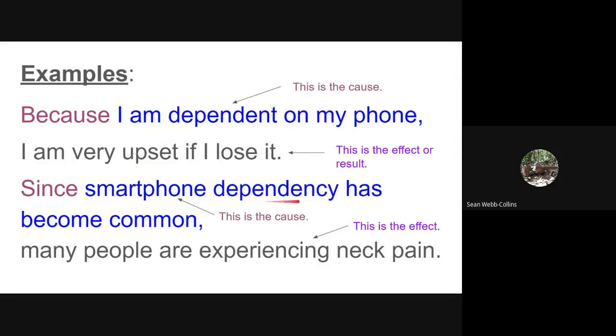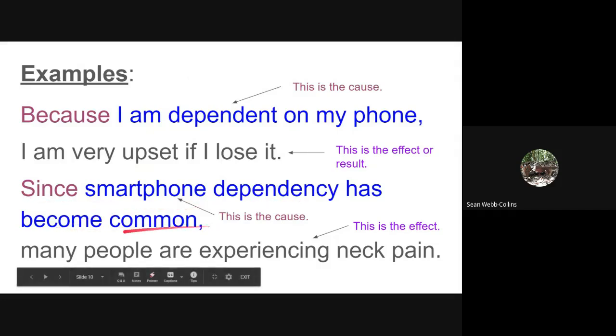Since smartphone dependency has become common, many people are experiencing neck pain. So in the blue text, we see smartphone dependency has become common.